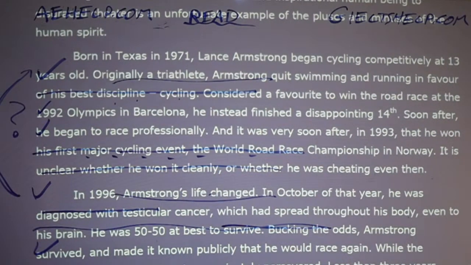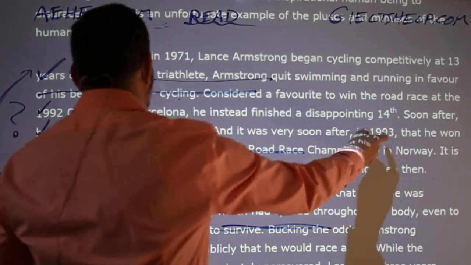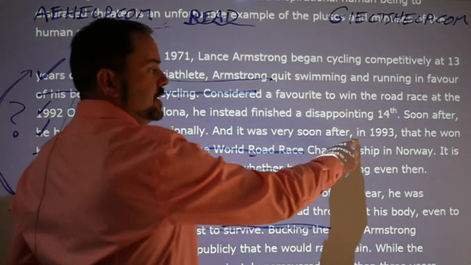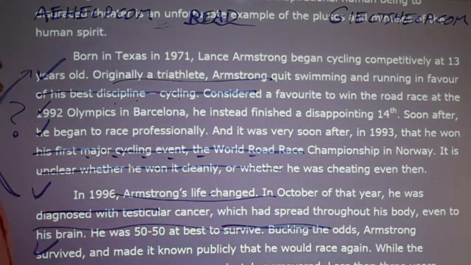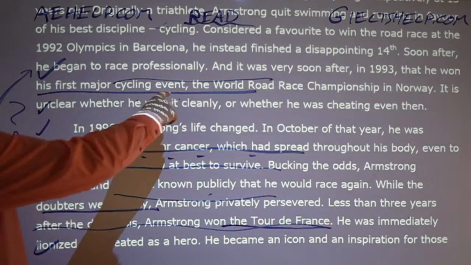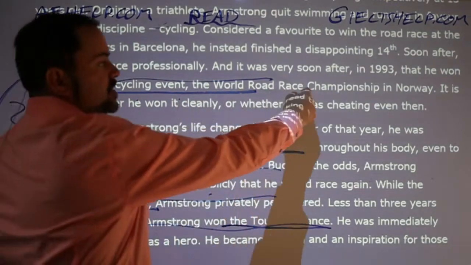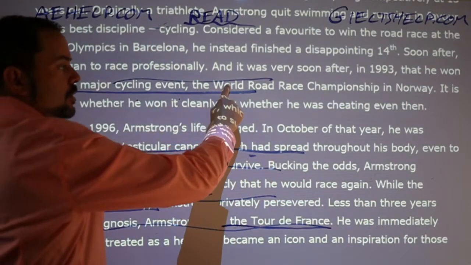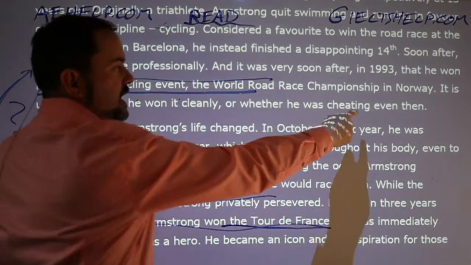So here, soon after he began to race professionally, and it was very soon after, in 1993, that he won his first major road race event, the World Road Race Championships in Norway. So this event is called the World Road Race Championships in Norway.